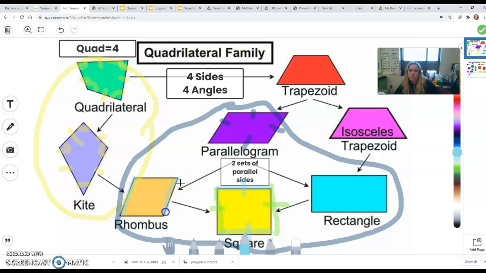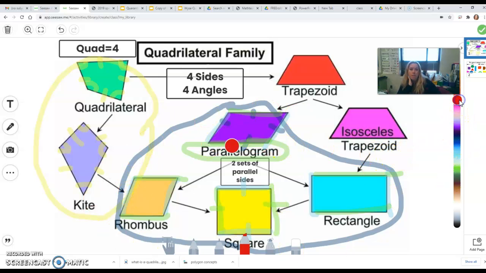That is why they are also called parallelograms, this word right here. Say that word, parallelograms, because they run parallel. Okay, so those are grouped together.